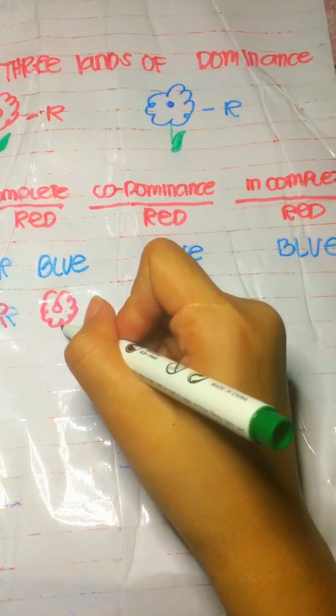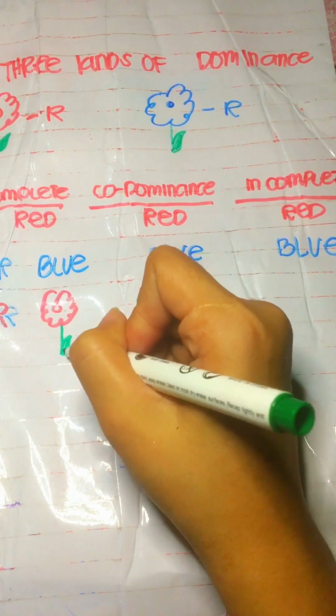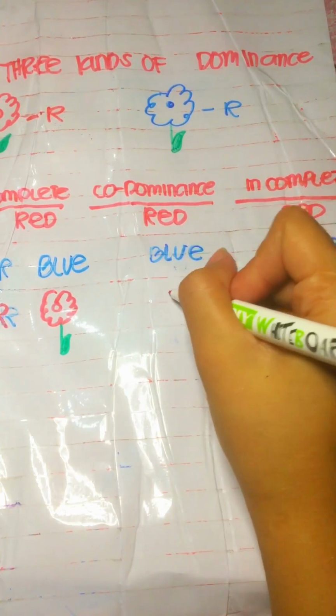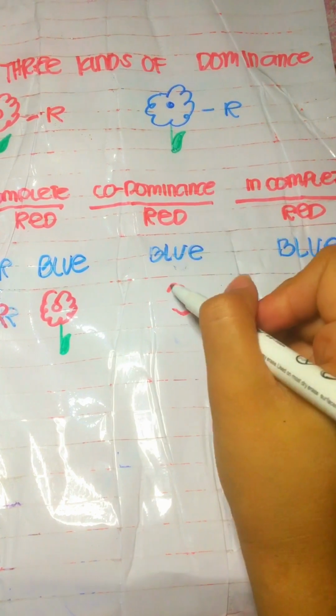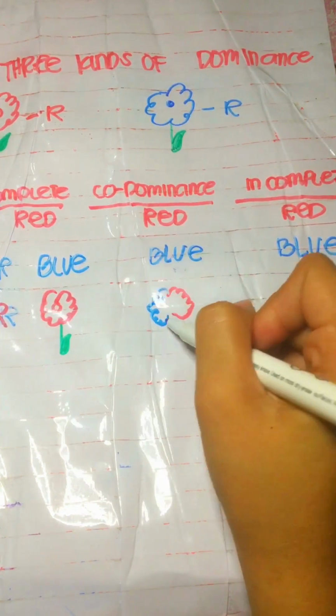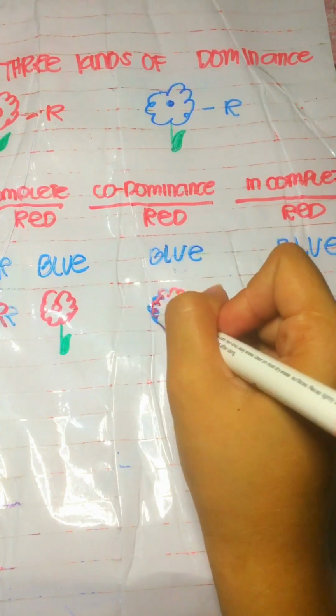Now we're already familiar with the example of complete dominance. If we said that the red R is dominant over the blue R, then this would make the heterozygous phenotype a red flower for complete dominance. Now, codominance is when the heterozygous phenotype shows a flower with some red petals and some blue petals.